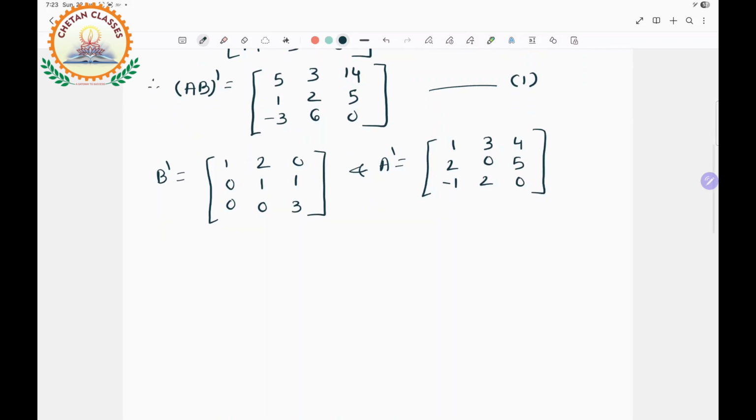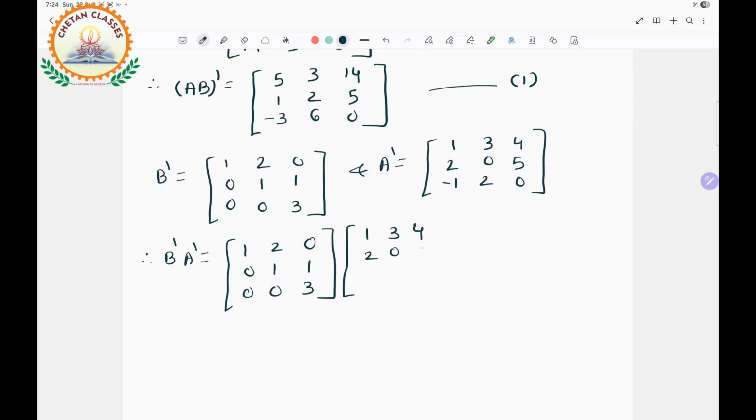Now find B transpose into A transpose. So B transpose into A transpose is, substitute the values, 1 2 0 0 1 1 0 0 3 into A transpose.